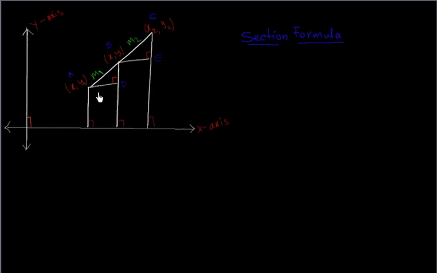If you observe carefully, these two are parallel to the x-axis, so angle A and angle B are equal. Obviously this is 90 degrees.